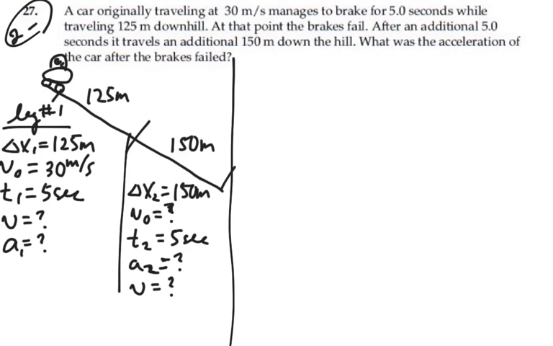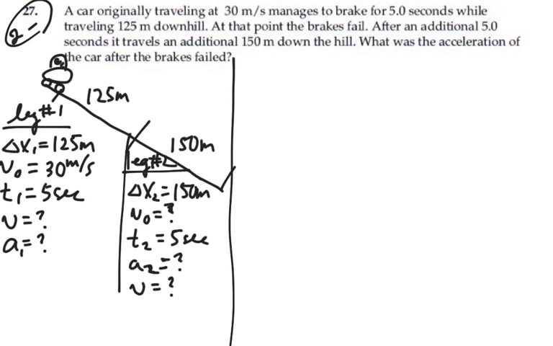The thing is, to relate what's going on here with the information, we can only apply kinematics to intervals of constant acceleration. So we can only look at leg number 1 and leg number 2 separately. Now, in order to solve leg number 2, we need another kinematic variable.